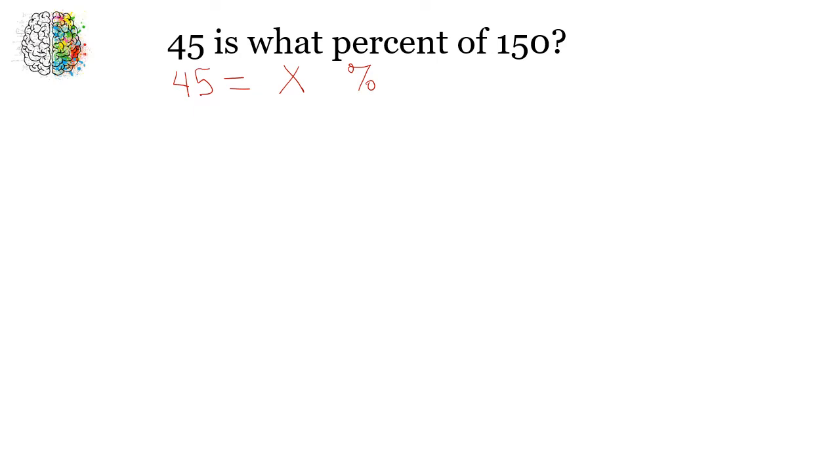And 150 is my constant. Now I'm going to plug those into my portion equals percent times total equation. So I've got A equals B percent times C.